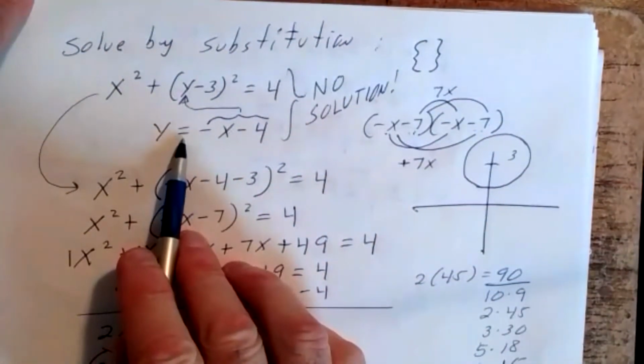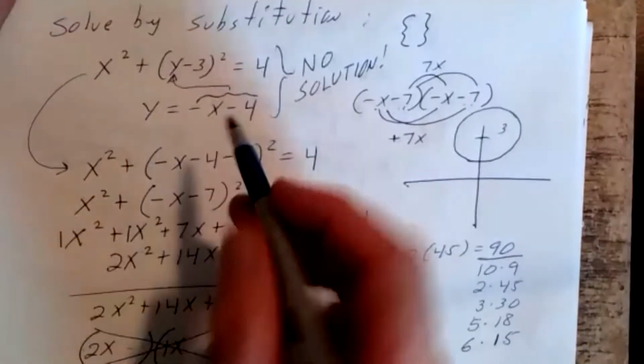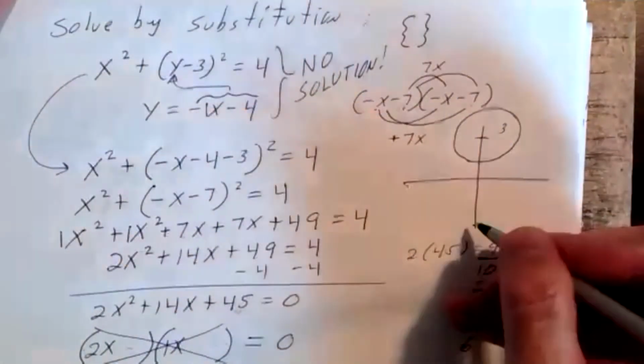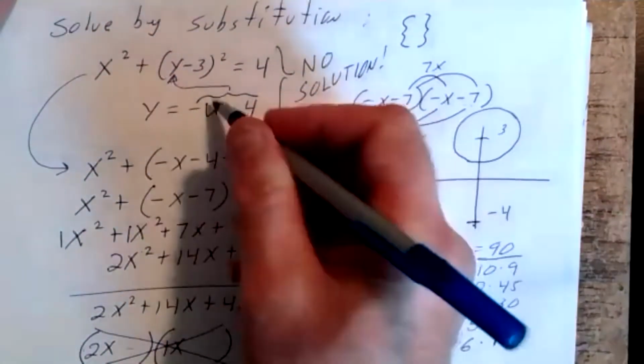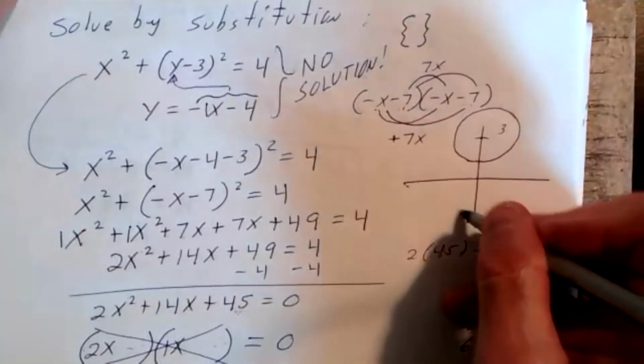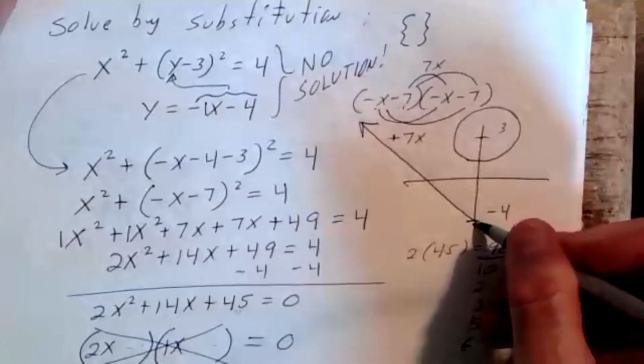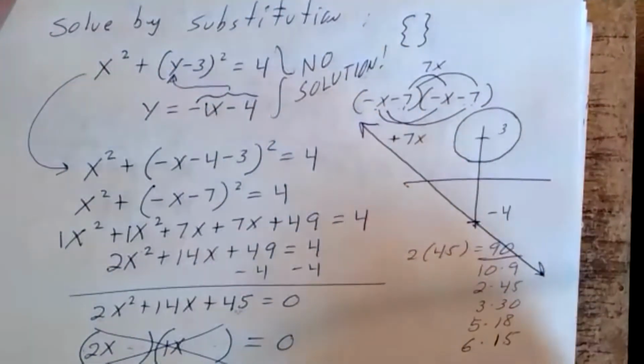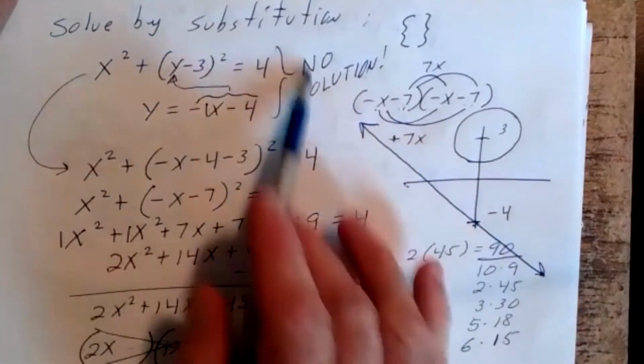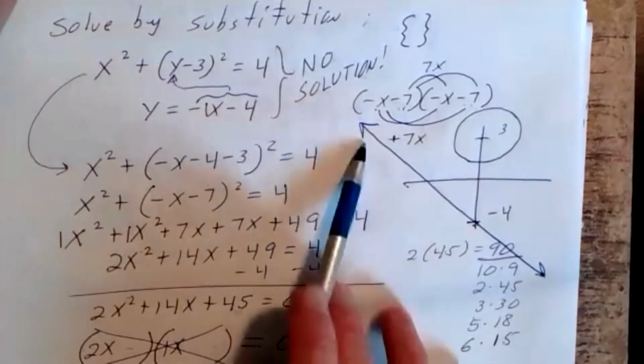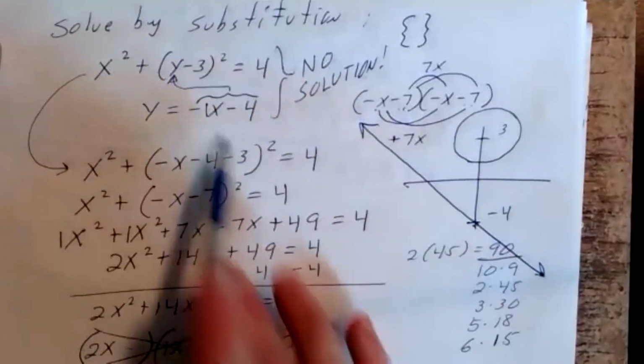This, ladies and gentlemen, is a graph of a line where the y-intercept is -4 down here and the slope is -1. So the graph of this line is going to go something like this. Does it look like these graphs would intersect anywhere? Any points of intersection? None. And that's why this system has no solution. There would be no points of intersection between these graphs.